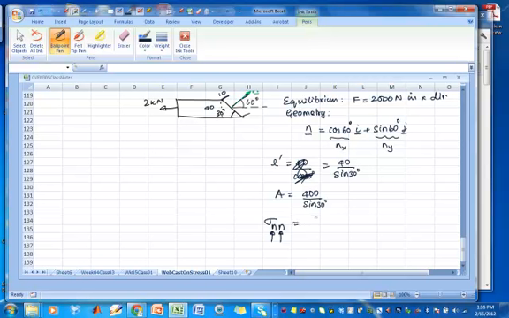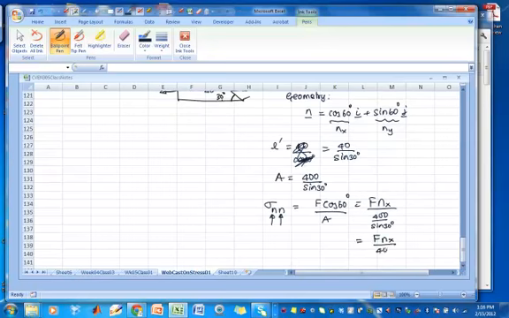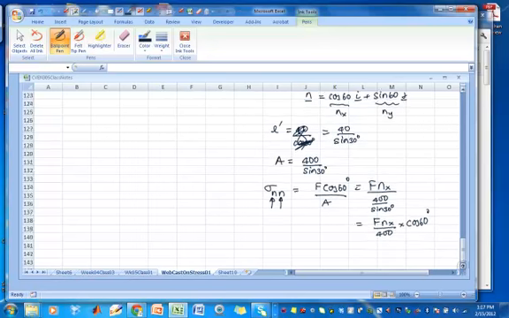Can you see that will be F times cos 60 degrees divided by A, which is F nx divided by 400 over sine 30 degrees. Which turns out to be F nx over 400 times sine 30, which is the same as cos 60 degrees. Cos 60 degrees, which is nx again.